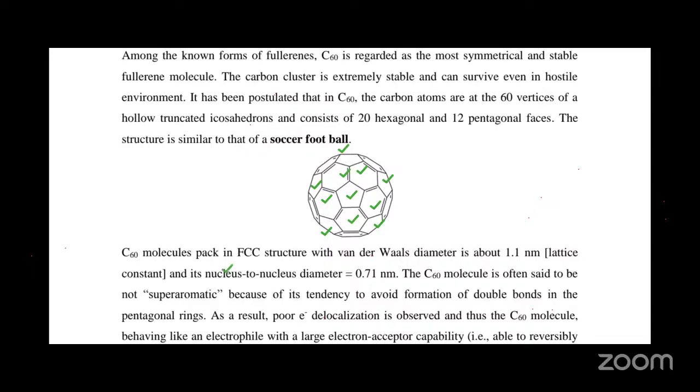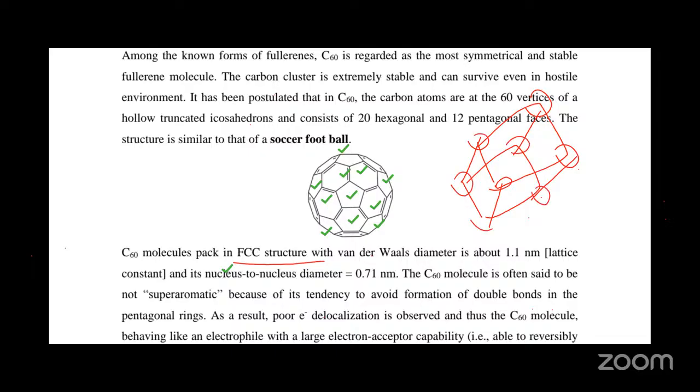What is meant by an FCC structure? Face-centered cubic structure. For example, this is the cubic structure, which I am going to draw. All the atoms are present at all the corners. A total of 8 corners will be there, and all 8 corners will be occupied with atoms.